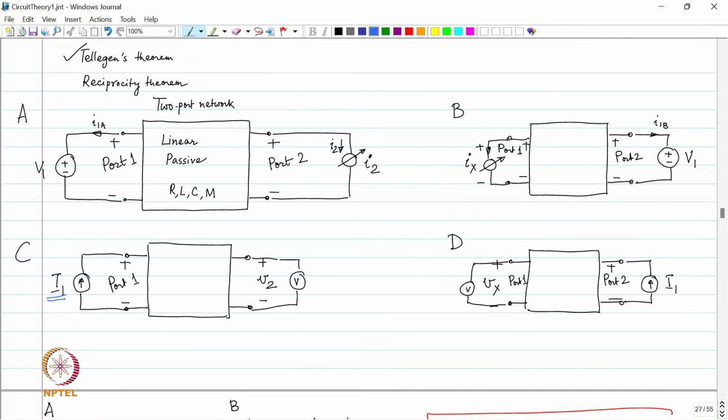Isn't that what you did just now? That is the experiment to find out Z21. You push I1 into port 1 and measure V2 while port 2 is open circuit. When you are using a voltmeter, port 2 is open circuit. So, this gives you Z21.